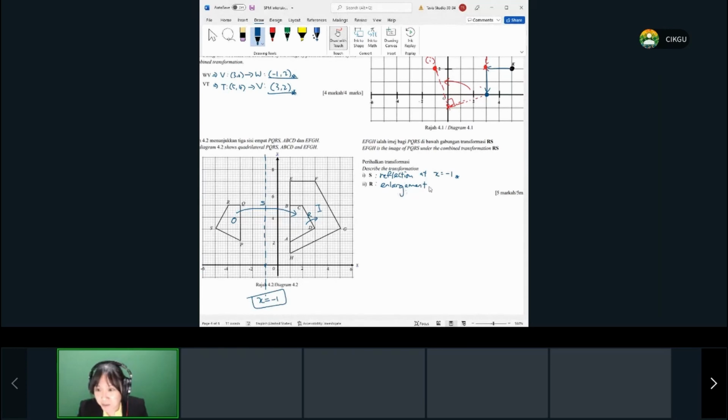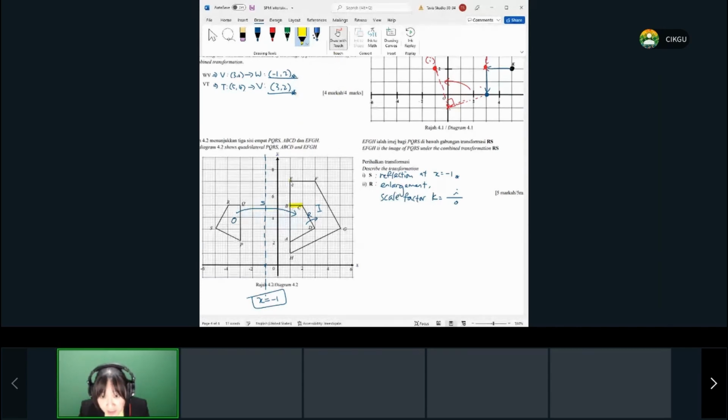If you remember, enlargement has 3 points. The first point is giving the word enlargement. The second point is the scale factor K, the length of image divided by the length of object, from the formula sheet. It's up to you which length you choose. I'll choose an easy one.